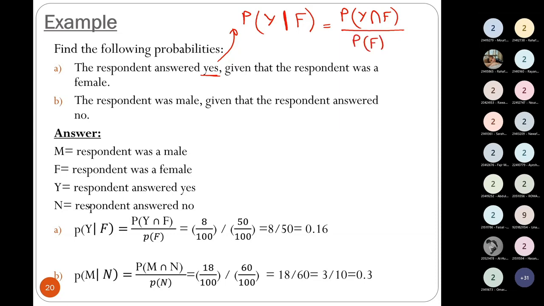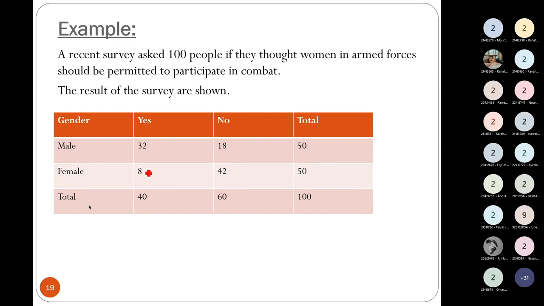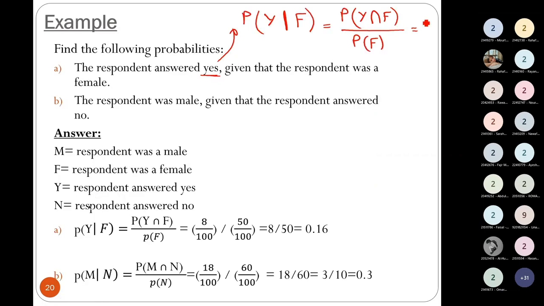The intersection of yes and female is 8, over 100, because all students, 100, is the sample space. The probability of female is 50 over 100.